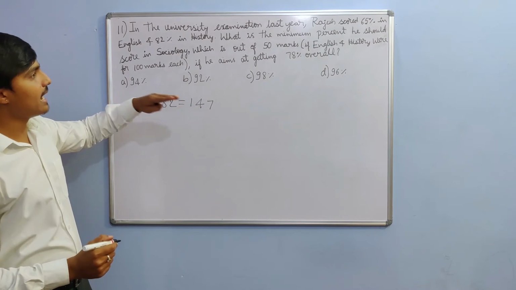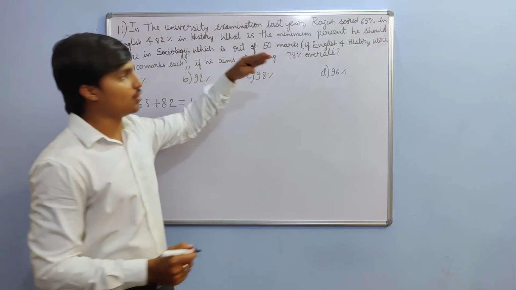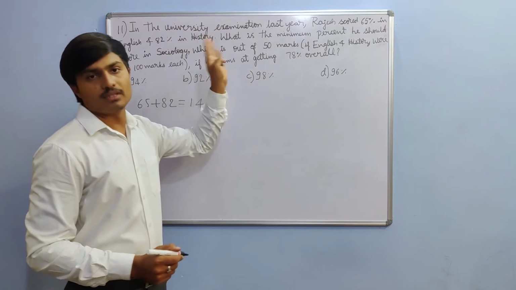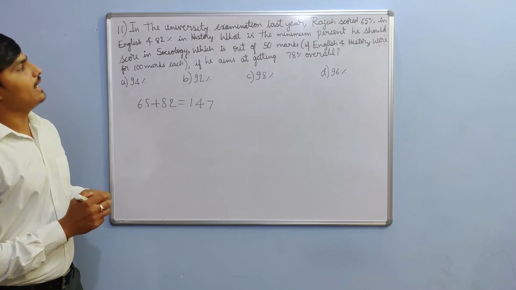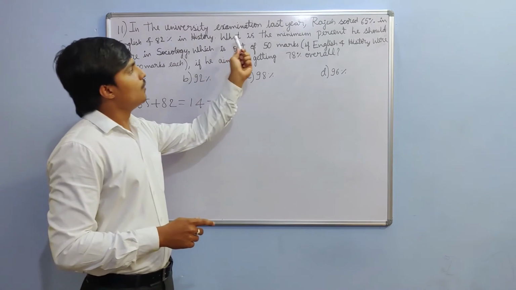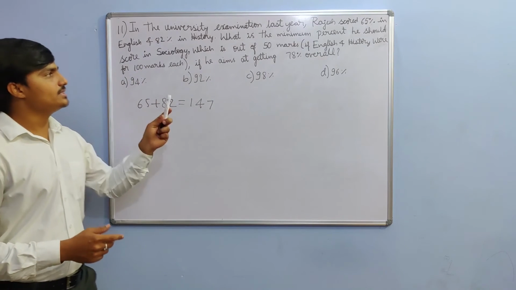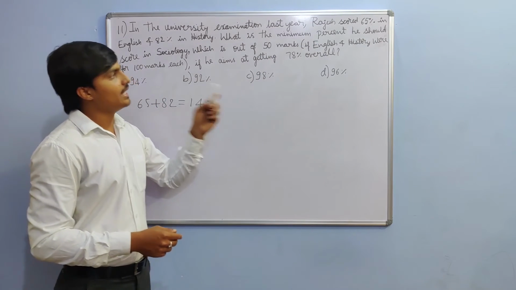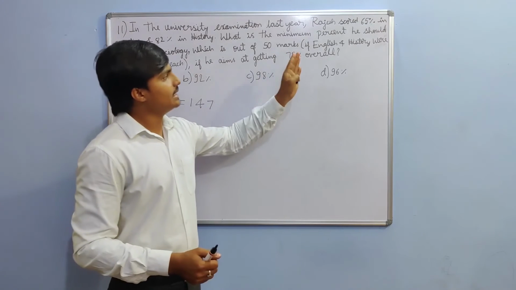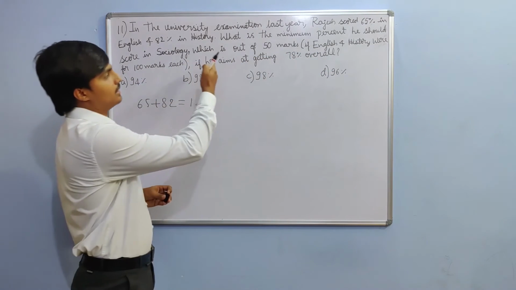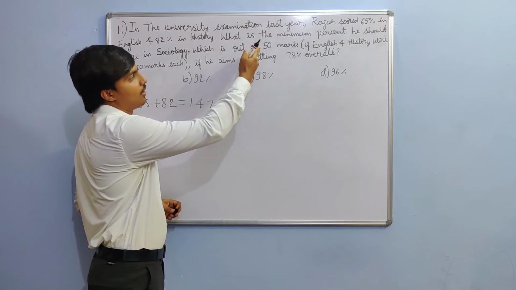These are the marks that he has scored both in English and also in history. And the question is, what is the minimum percent he should score in sociology, which is out of 50 marks? It means English and history were for 100 marks each, and sociology is out of 50.